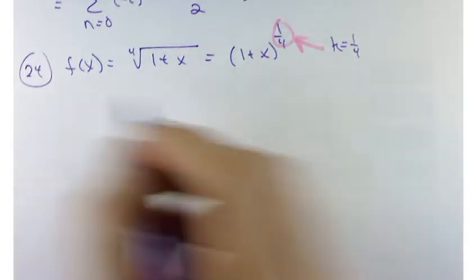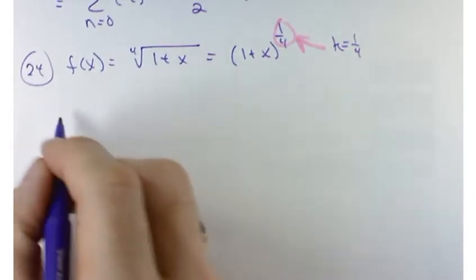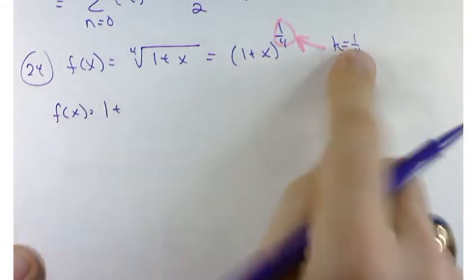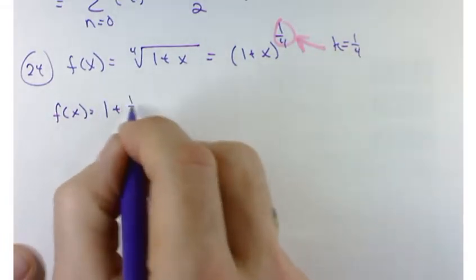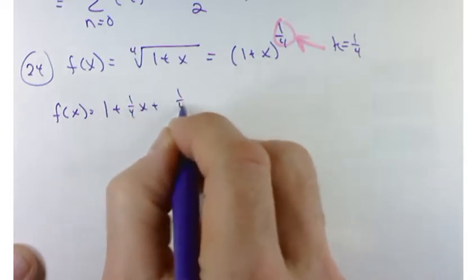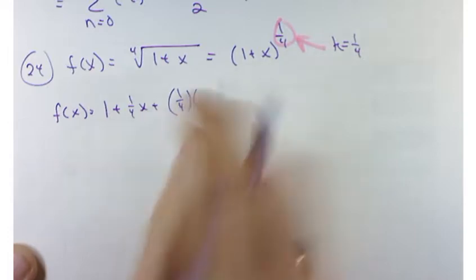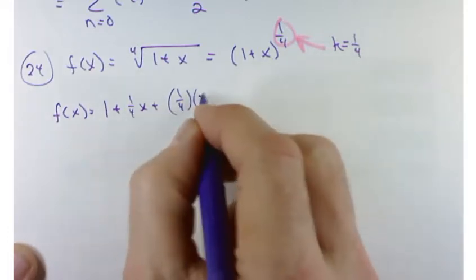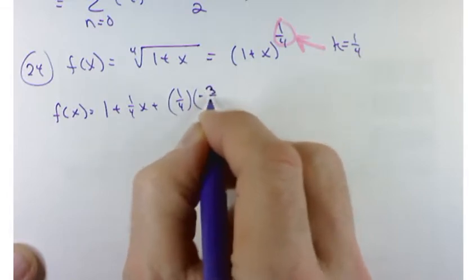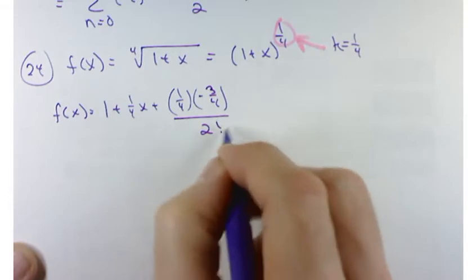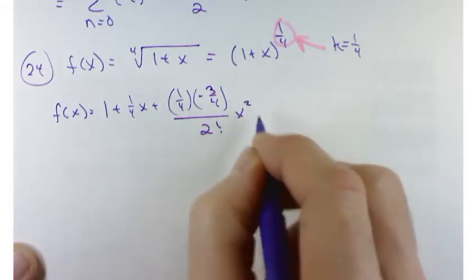All right, so let's take a look at this. That's going to be 1 plus k, which is 1/4, times x, plus 1/4 times, what's 1/4 minus 1? -3/4 over 2 factorial times x squared.